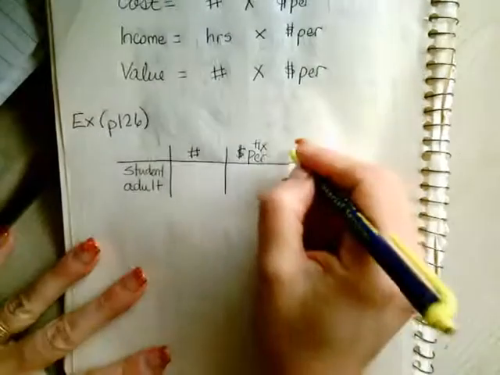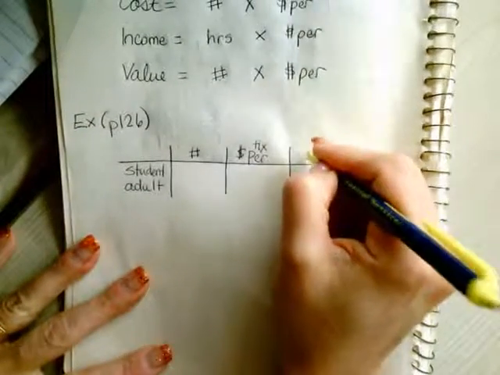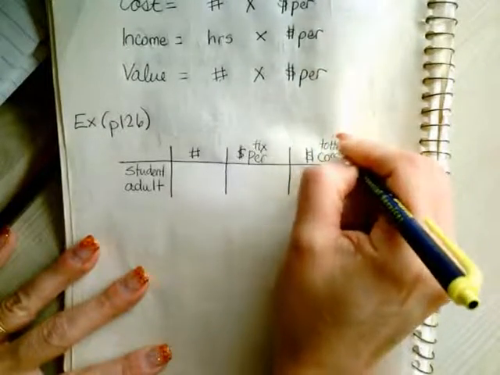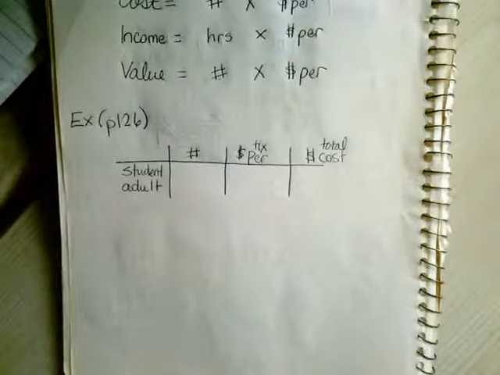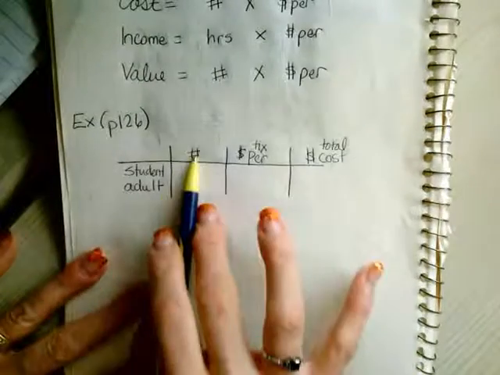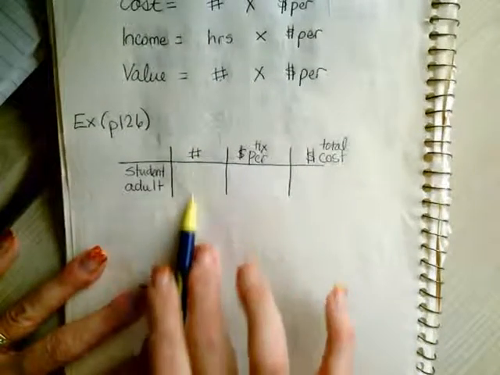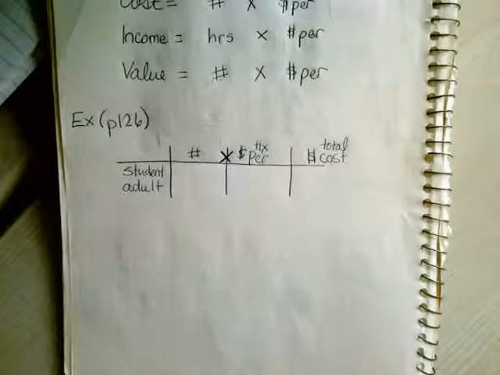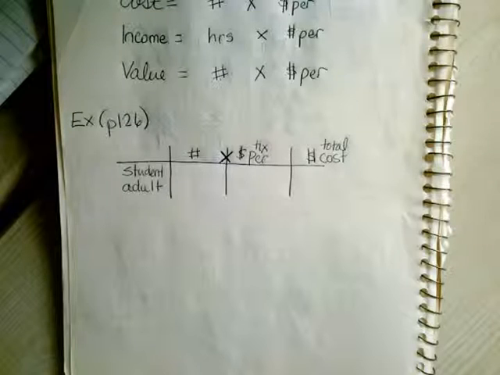And finally, we have a total cost, or total amount. Notice that we're going to multiply the number of tickets by the price per ticket to achieve that cost.